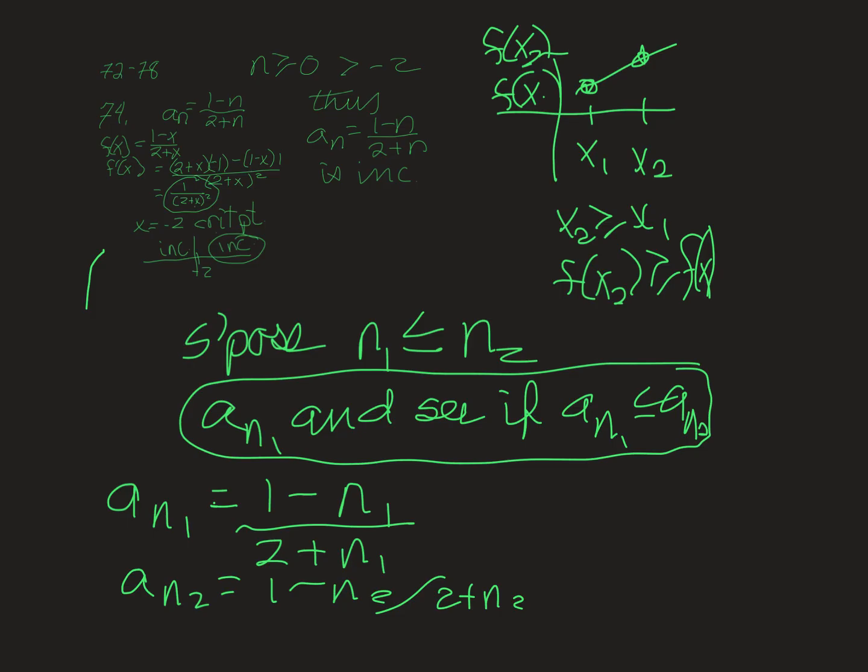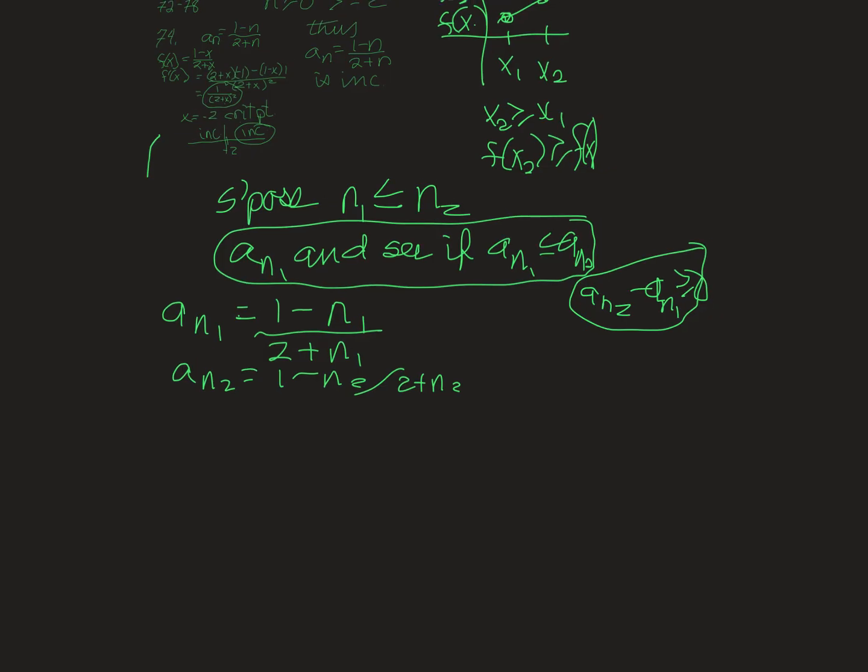And now we need to look at those and see if a sub n1 is less than a sub n2, or you could say a sub n2 minus a sub n1 is greater than or equal to 0. So you could show that if you subtract these and it's greater than 0, then you're good. And so I actually kind of like this approach. That's sort of increasing rather than comparing them. But you can do both.